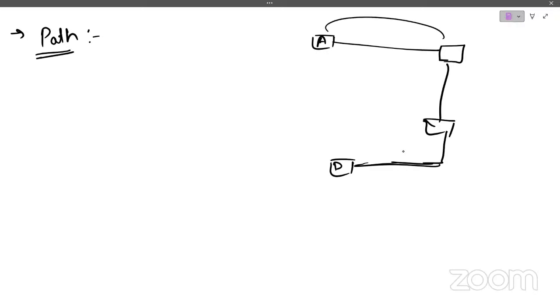So simply first I'll go from A to B, and from B to C, and then from C to D. So in our daily life, we say that this is a path from A to D. So similarly in a graph this thing happens. So a path is nothing but a sequence of vertices in which no vertex is repeated twice.